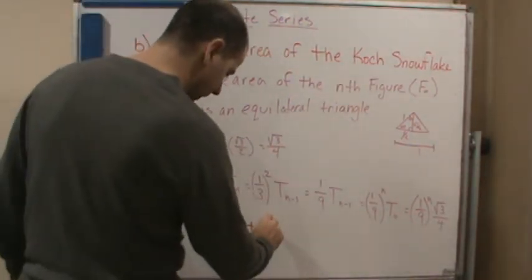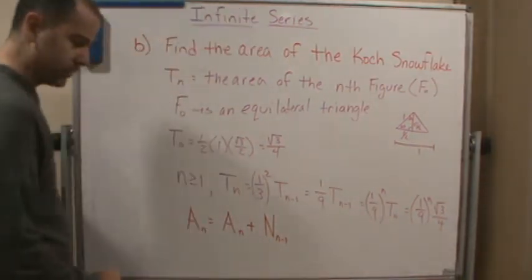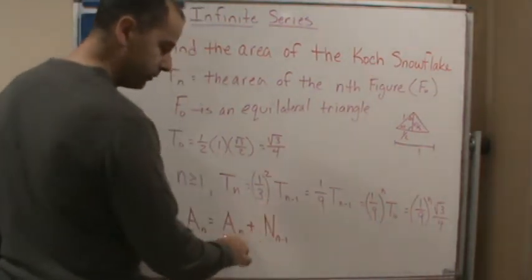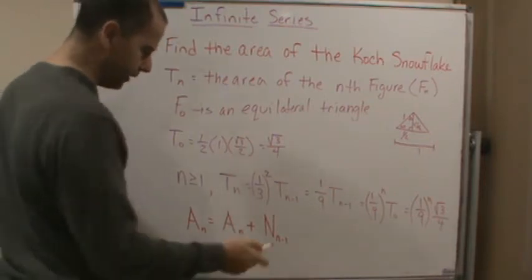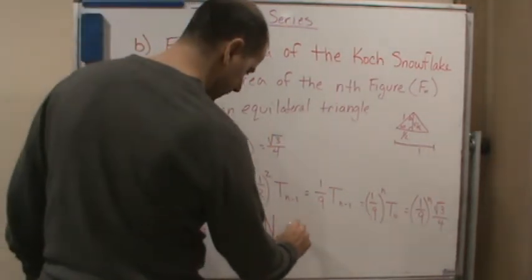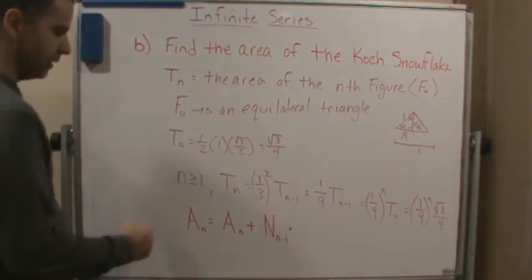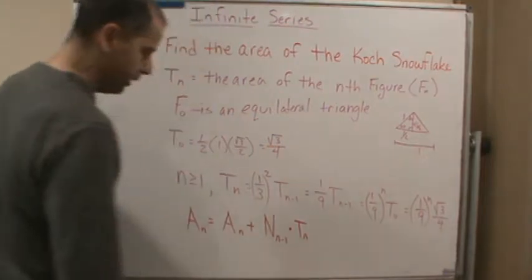So this is going to be n sub n minus 1. That's the number of sides on the previous figure. And that's the number of rectangles, not rectangles, the new isosceles triangles that are going to be added. So that means that we're going to take that times T sub n.